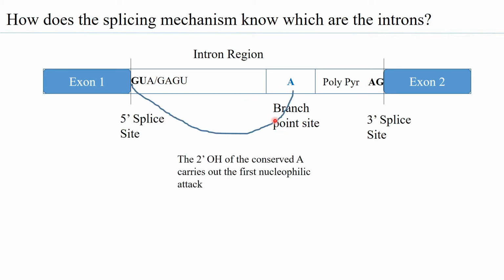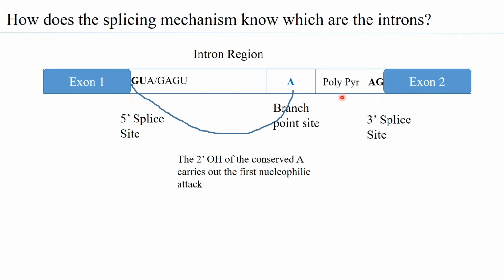Interesting to note is that, this being an RNA molecule, the phosphodiester bonds formed in the RNA molecule are between the 3' OH and the 5' phosphate. So all along you have the 3',5' phosphodiester bonds between the nucleotides.